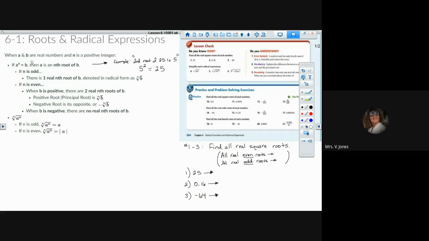And then it goes on to tell you that this means that A is an nth root of B. So if we put some numbers in there to help you understand what that's saying: if we have 5 squared equals 25, then we know that A, 5, is the second root of 25. Probably should have written that differently.